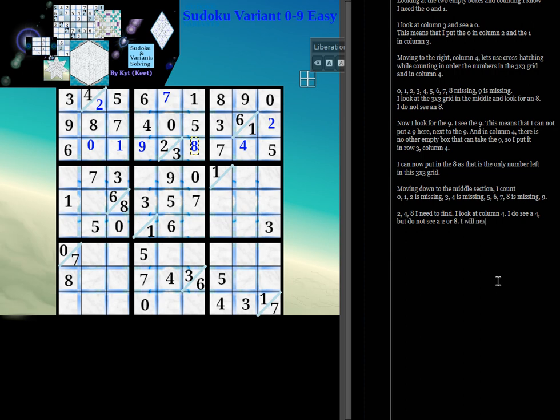I will next look at row 6 and column 6. I need to find a 2, 4, and 8. I see an 8, but do not see a 2 or a 4.